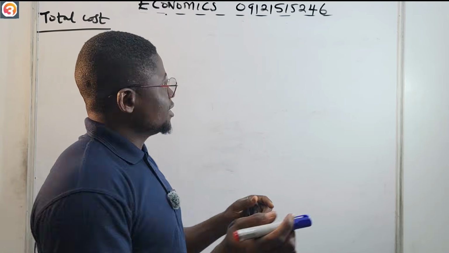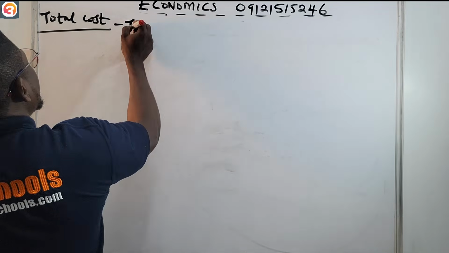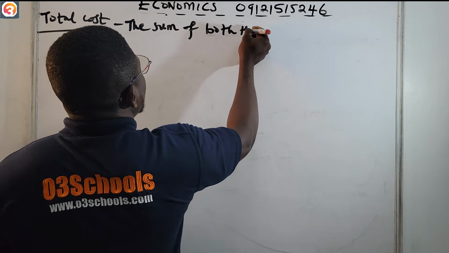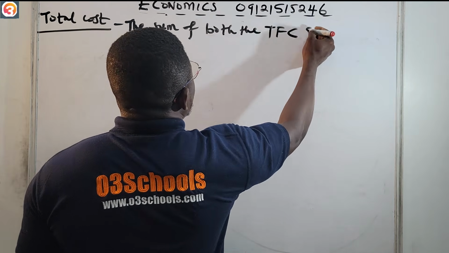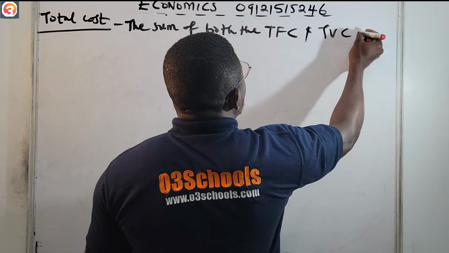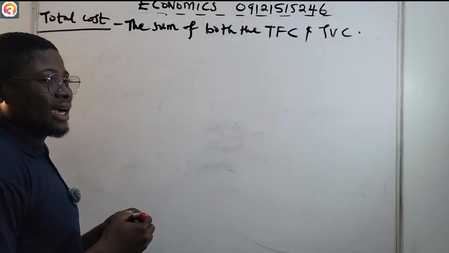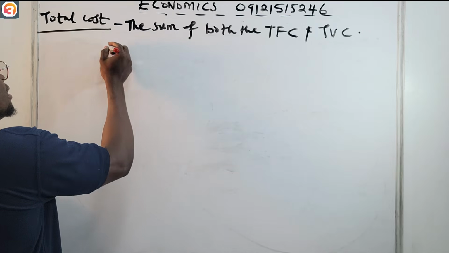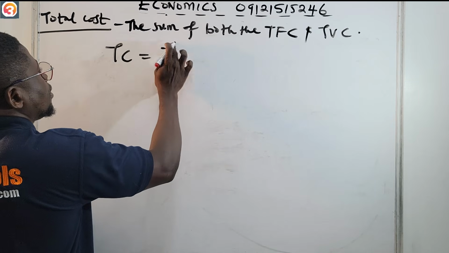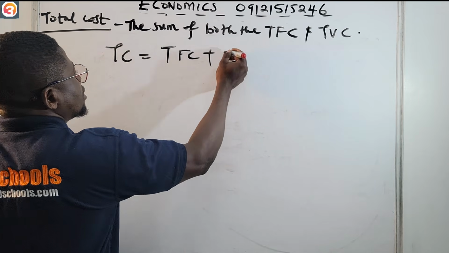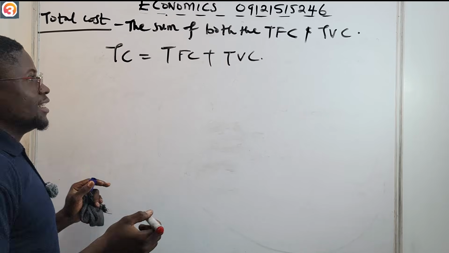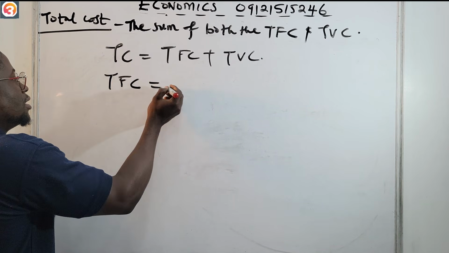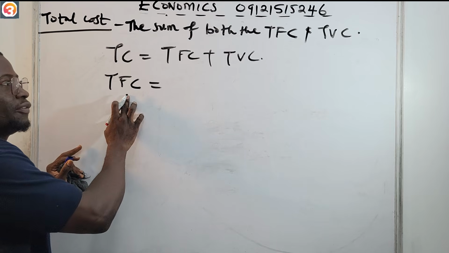Okay, so let's make this easy. Total cost is the sum of both the total fixed cost and the total variable cost. From here now we can bring out our formulas for calculation. So if TC is TFC plus TVC, it means that if we want to find total fixed cost, we just make total fixed cost the subject of the formula.